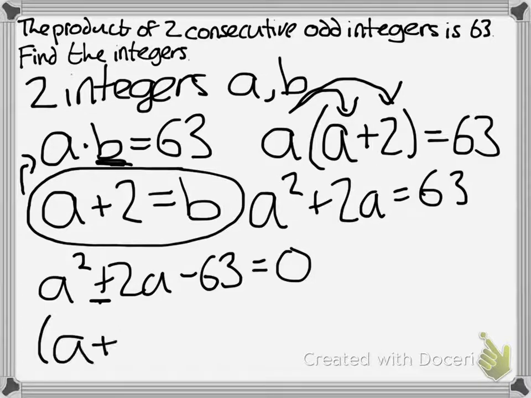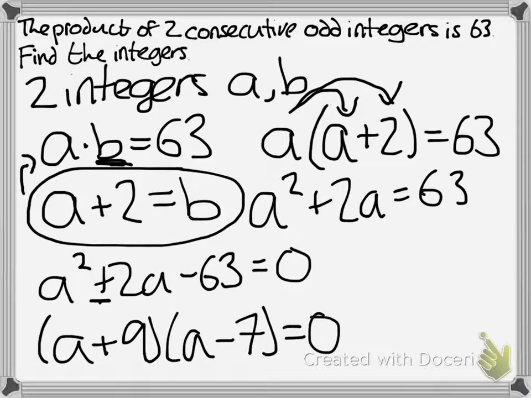So (A + 9)(A - 7) = 0. You can multiply that out and make sure that it's true. So A is negative 9 or positive 7.